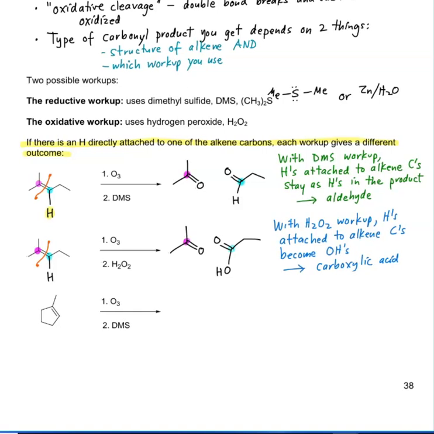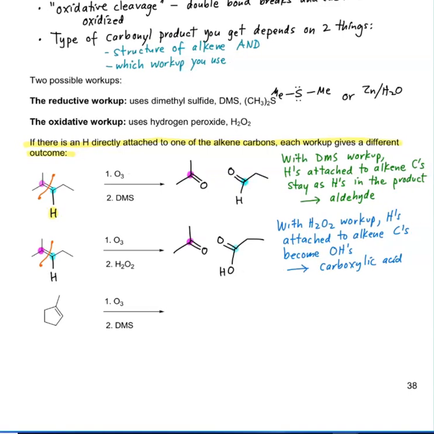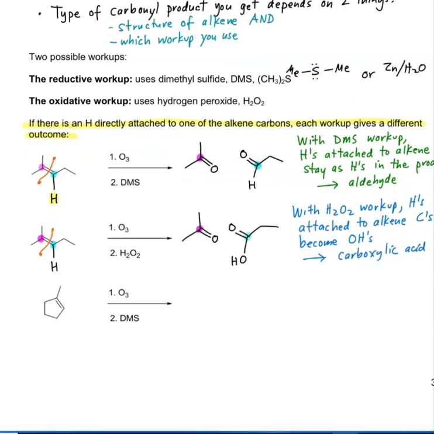Okay, let's look at this example here. We're using O3, ozone, and a DMS workup. We have an alkene that's part of a ring, but the ozonolysis is still going to happen. So let's put some labels on things, and let's draw in any hydrogens that we need to.